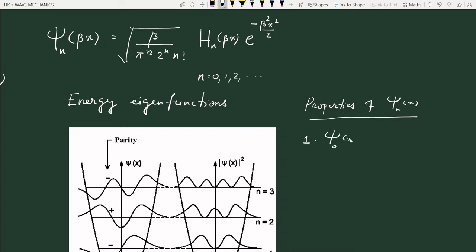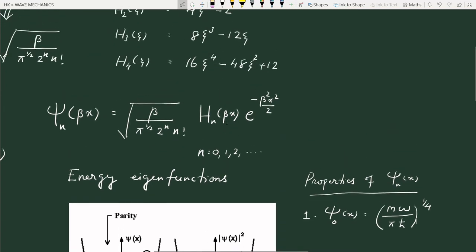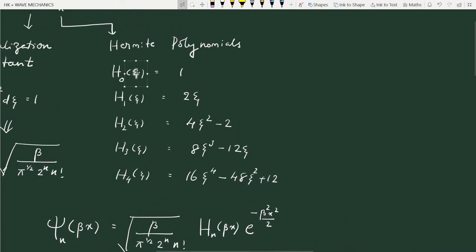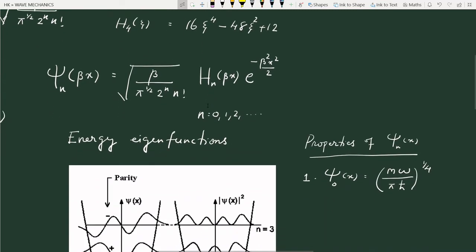Psi 0 of x, the ground state wave function. The normalization constant is m omega by pi h cross raised to 1 by 4. And then what is the Hermite polynomial H0 of beta x? H0 of beta x is nothing but 1. So the 0th order Hermite polynomial is 1. Then e raised to minus beta square x square by 2, and again beta square is m omega by h cross.